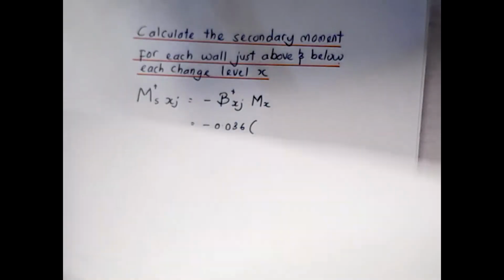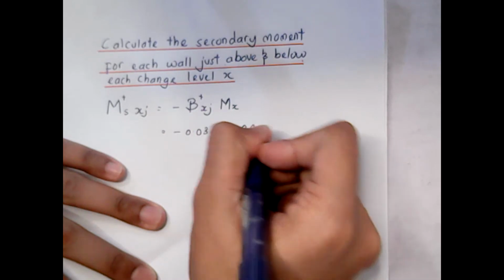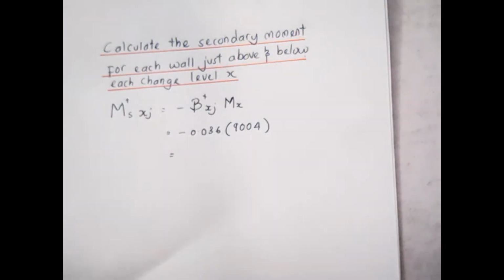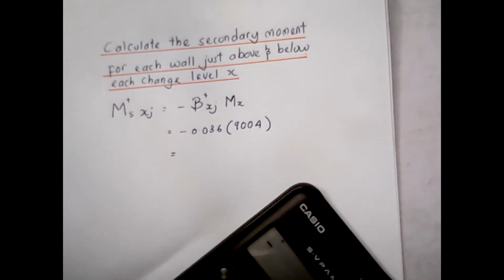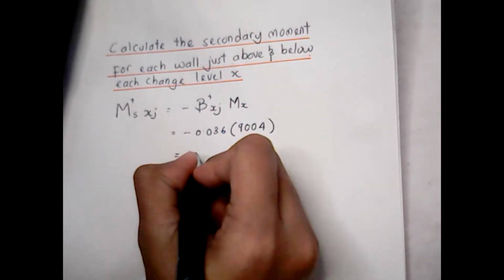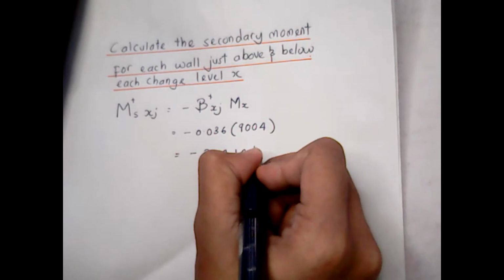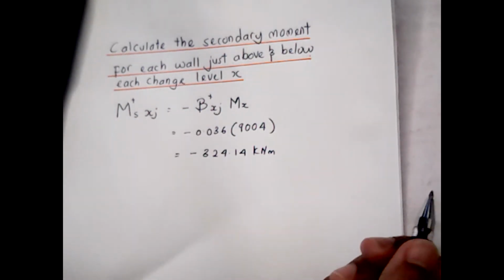So for the top, you calculate negative 0.036 times 9,004, and you get negative 324.14 kilonewton meter. So that is for the top.